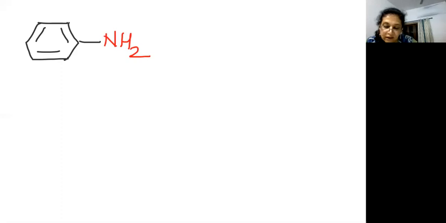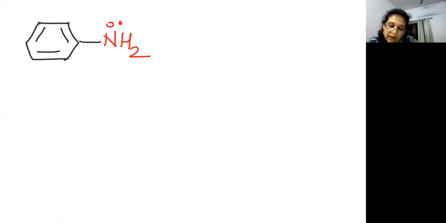Okay. The next structure which we had was aniline, and the structure of aniline will be, let me first make the molecule. Aniline is basically a benzene ring to which NH2 is attached. The NH2 has a lone pair of electrons, because a total of 6 electrons could be seen.